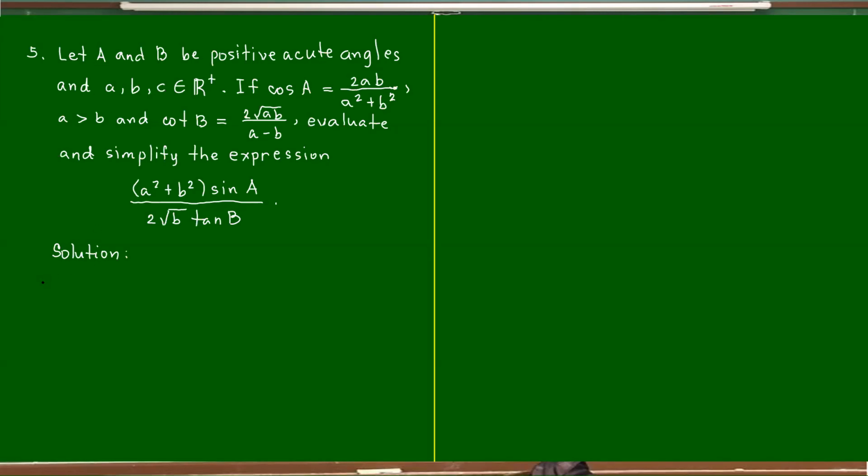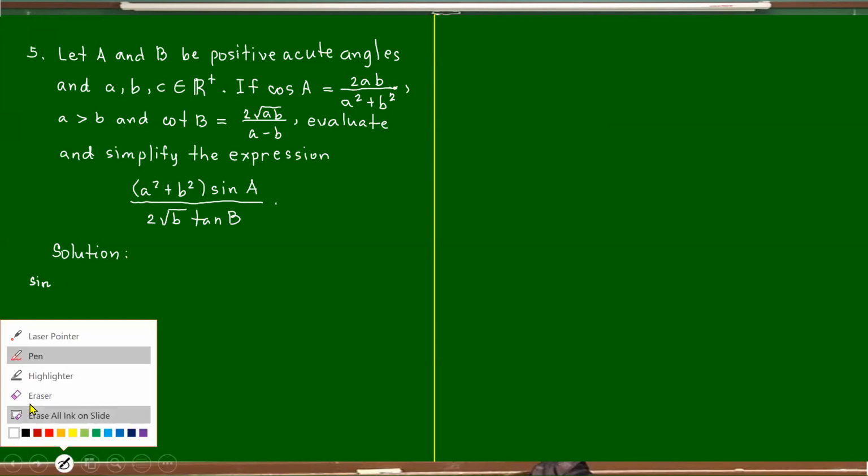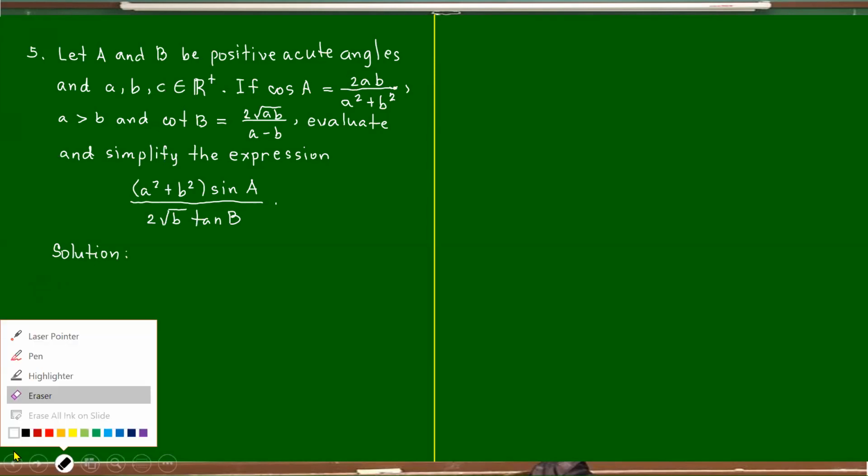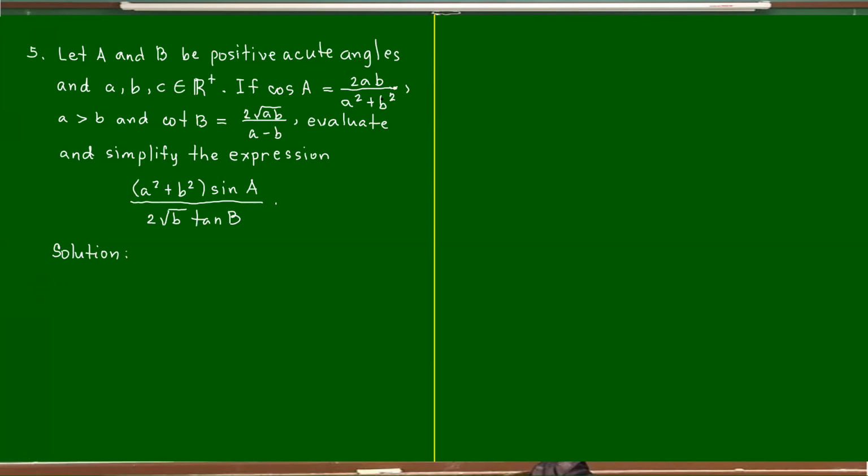So sine A, we're given sine A. Sorry, cosine A. We're given cosine A. So out of cosine A, we can get the value, in terms of A and B, of the opposite. So what is cosine A?